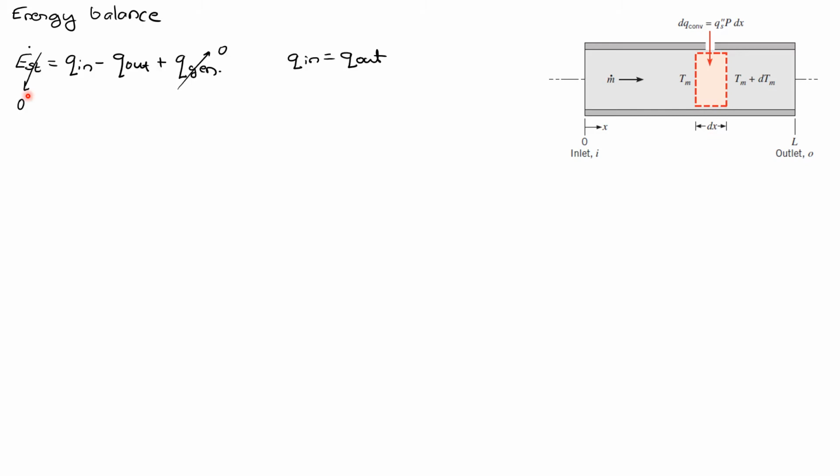So we'll apply energy balance because we have steady state conditions and there's no heat generation. We will have q in equals to q out. Our q in is whatever's coming in from this direction plus the q coming in from the wall of the pipe.